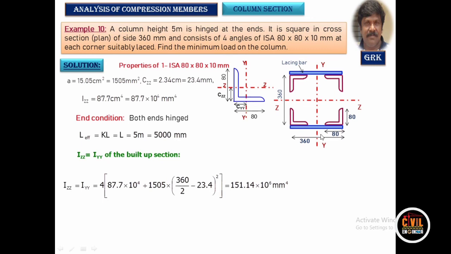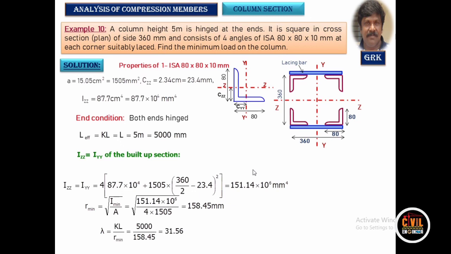Apply the parallel axis theorem. It is 360 divided by 2 minus the c y value, which will give me about the y axis. The same thing could be done on the z axis. And all these things you know very well from the first year itself. Get the minimum radius of gyration and the slenderness ratio lambda, it's 31.56.